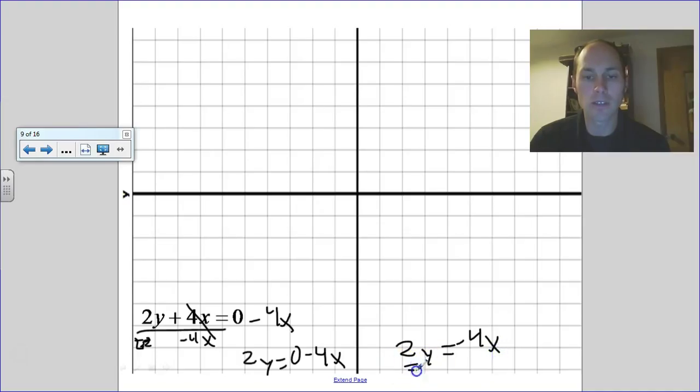And then divide by 2. So y equals -2x. In this case, what's your y-intercept? Well, if I put 0 in for x, -2 times 0 is 0. So my y-intercept is 0, 0. And then my slope is -2. Not a very good negative sign. So down 2 over 1.